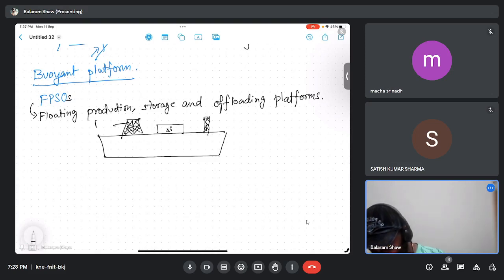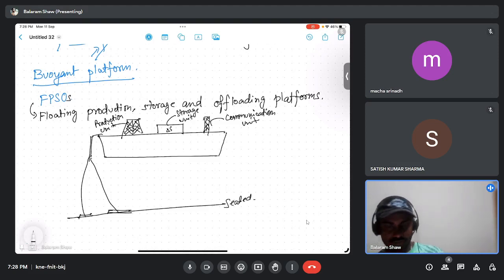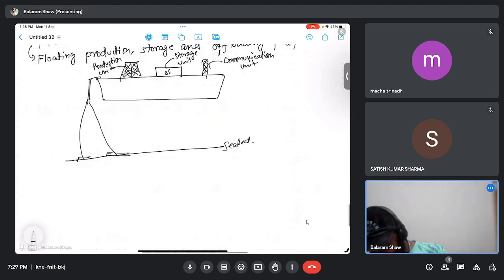This is the production unit, this is the storage unit, and this is the communication unit. This should also be anchored in the seabed, to not allow lateral movement of the ship.